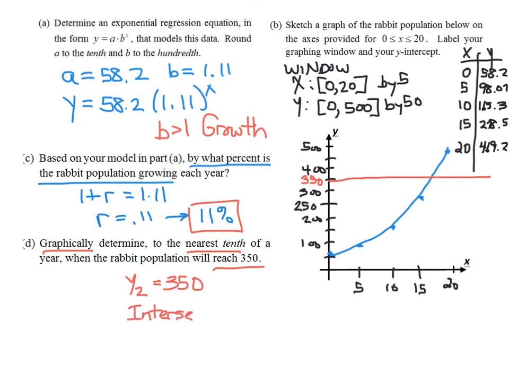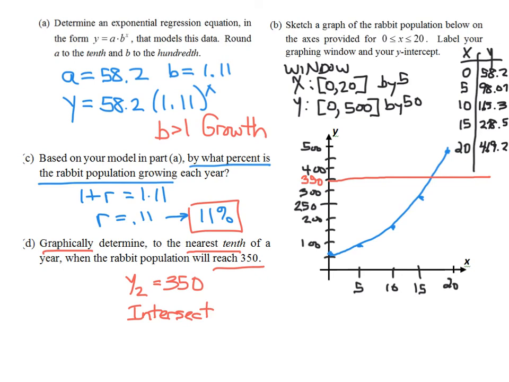We've done this several times before for other problems. Remember to go to the first function, which in my case is the blue one. Bring the cursor close to the point of intersection and press Enter. Then it says second function, so I'm already at that point of intersection, so I can press enter again. And when it says guess, I'll press enter a third time.